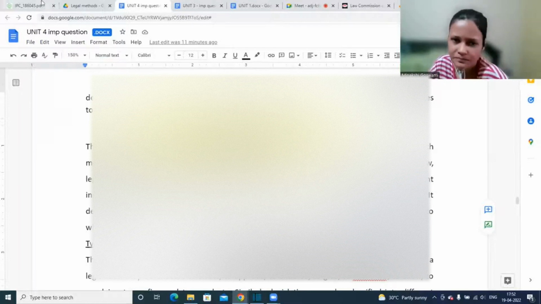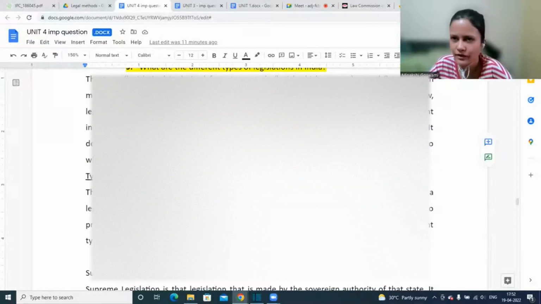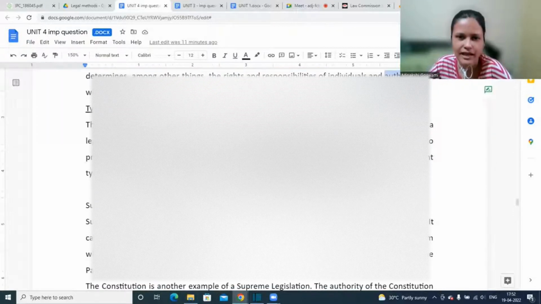Now, when we talk about different types of legislation, there are different types because legislations are enacted for different purposes. It might be to provide some directions, to approve something, to endorse something, to authorize, allow. There are so many different reasons for which a legislation may be established.